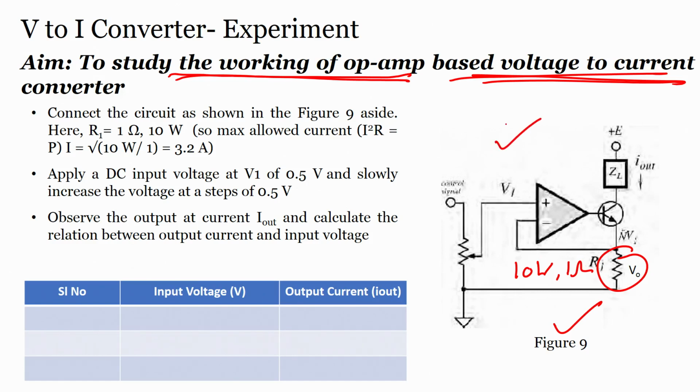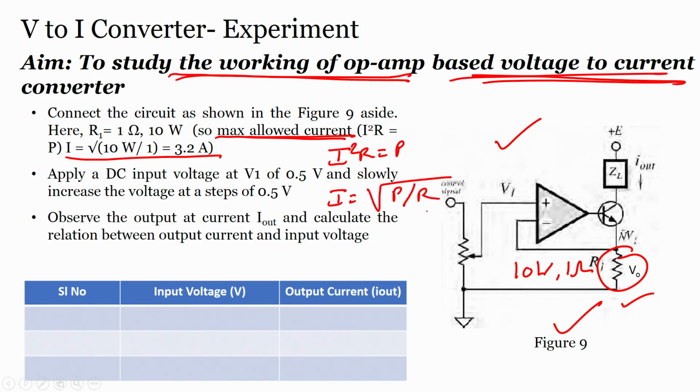Here R1 is 1 ohm, which is this one, and 10 watts. So, the maximum allowed current would be 3.2 ampere because I squared R equals P. So, I equals the square root of P by R, right.